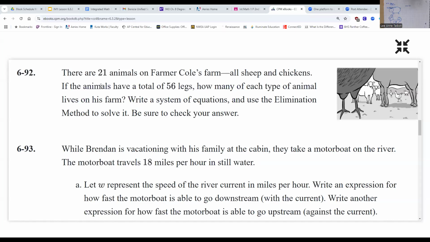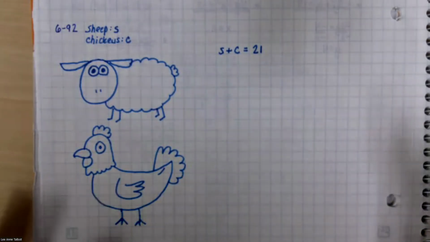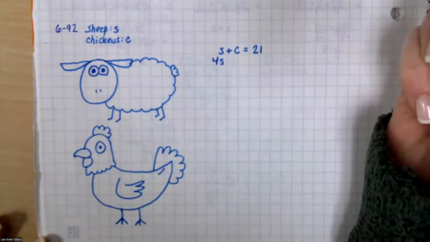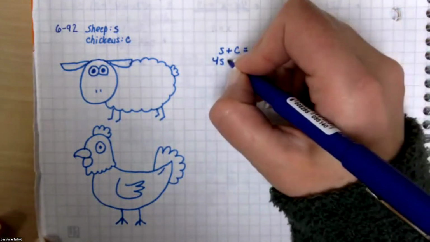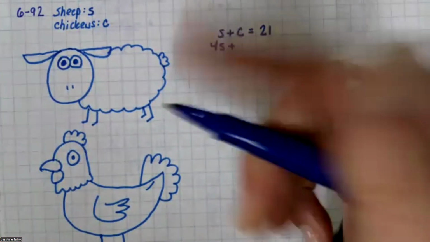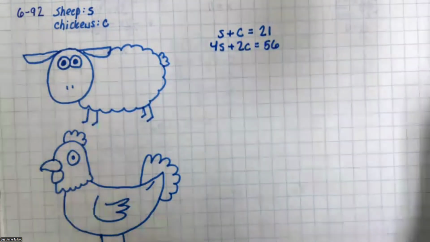All right, now the animals have a total of 56 legs. How many legs do sheep have? 4 legs for each sheep. And how many legs do chickens have? 2 legs for each chicken, for a total of 56 legs.